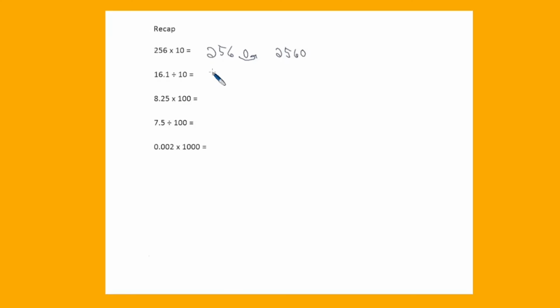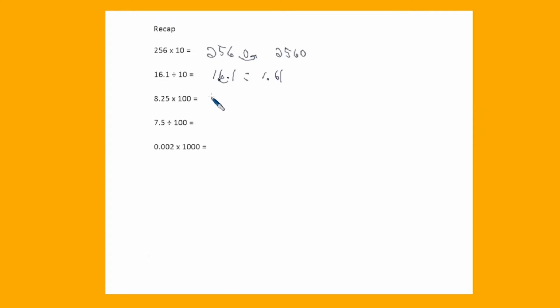Okay, here we take our 16.1 divided by 10, which would be the same as, again, if I rewrite it, 16.1 divided by 10 means that we're going to move this decimal point one place to the left. So that's going to give us 1.61.